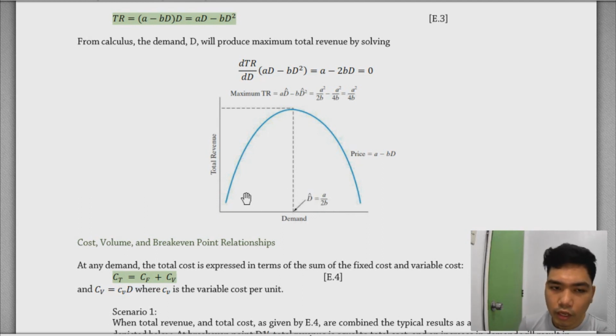The reason is that most of the time, as our demand increases, we'll come to a point wherein the total revenue would be increasing. But as we proceed in producing more of these products, the demand is not actually increasing anymore. Why is that so? Because we have this general concept in economics that as the supply increases, the demand decreases.